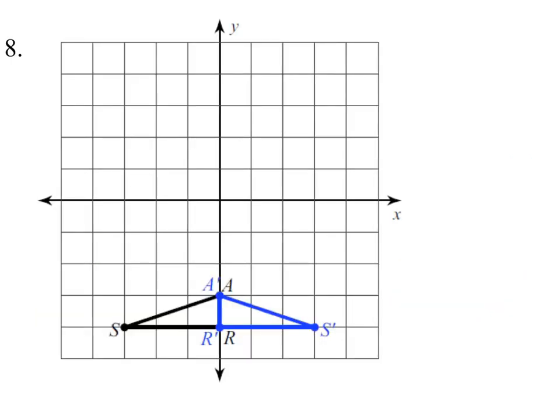On 8, we have our two figures and they're mirror images of each other over this line here. So that's why this is a reflection over just that line in the middle, which is the y-axis. So reflect over the y-axis.